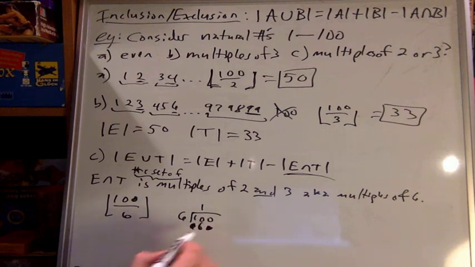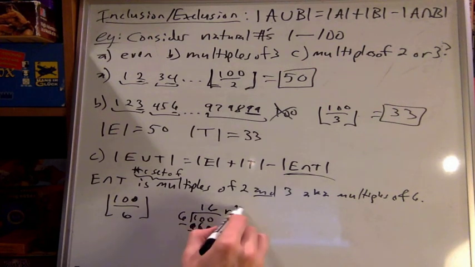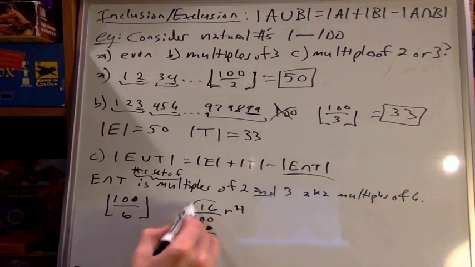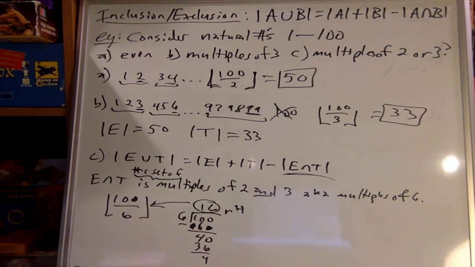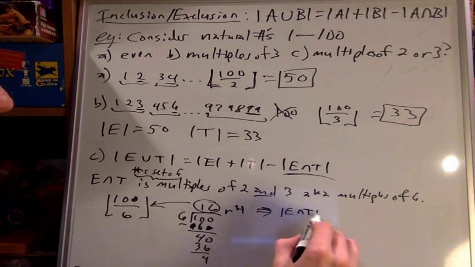I subtract this off. Now I bring down the 0. How many times does 6 go into 40? It goes in there 6 times, and I've got some remainder. I'm going to subtract this, and I've got some remainder. Which means that the answer to this is going to be 16. So this tells me the size of E intersect T is 16.